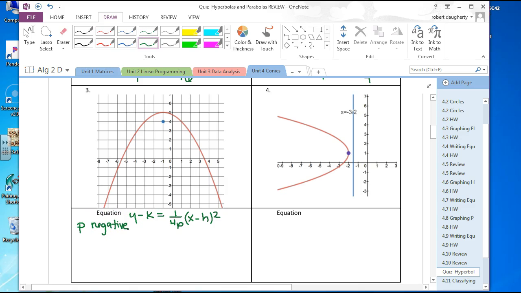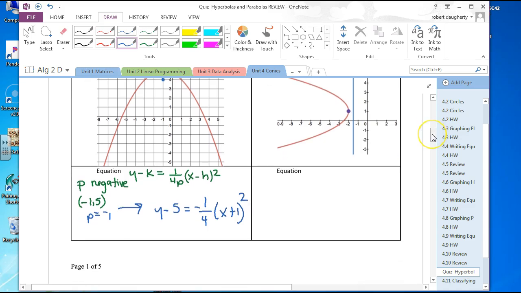My vertex is -1, 5. And it looks like the distance from the vertex to the focus is 1. So I know that p is equal to -1. This equation is y minus 5 equal, if p is -1, that translates to -1/4 times x plus 1 squared.